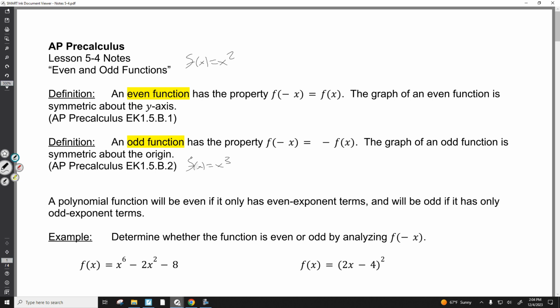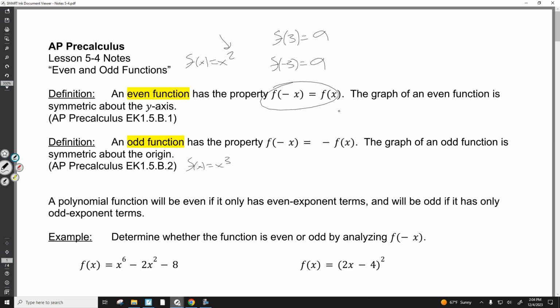Okay. Why is x squared an even function? You might be like, oh, because the power is even. Yes, but the definition of an even function is the following. If you have a point, say (3, 9), an even function will be symmetrical about the y-axis, which means if you plug in -3, you get the same 9.